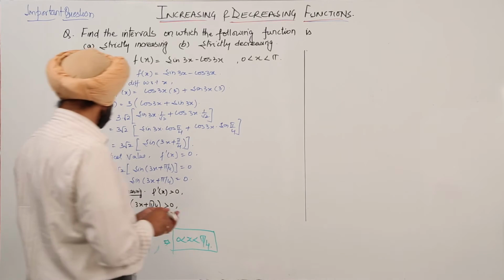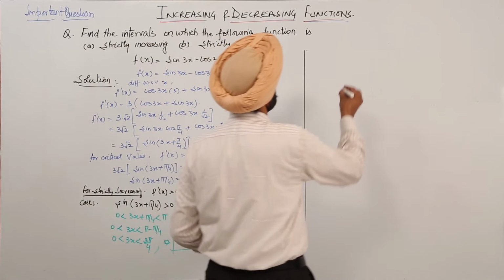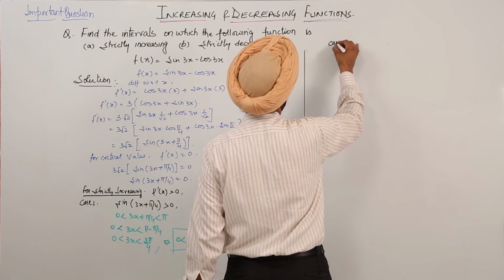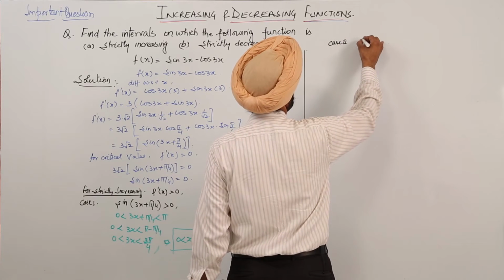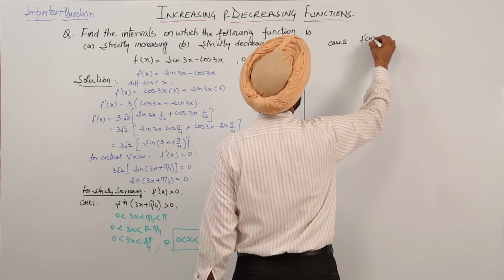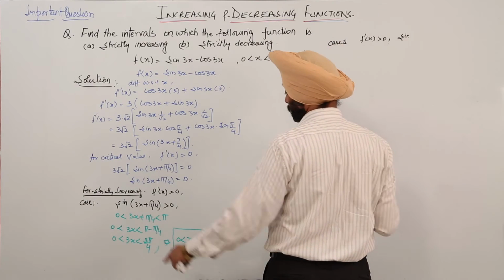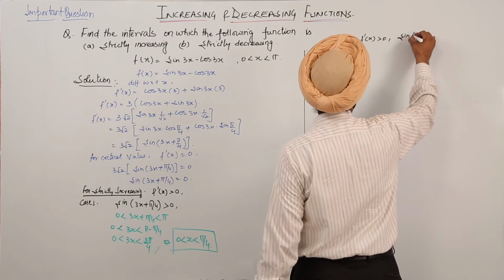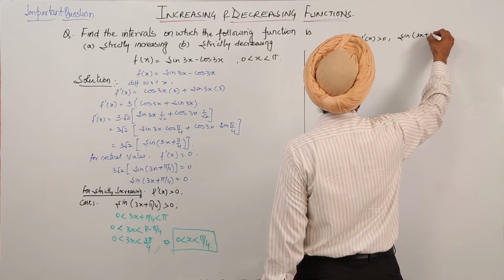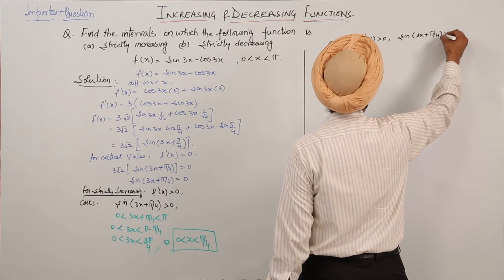Okay, now case 2, f'(x) is greater than 0 or sine, we are having here sin(3x plus pi by 4) is greater than 0.